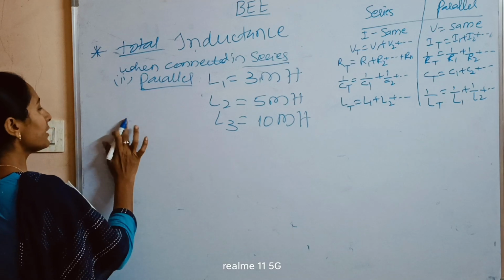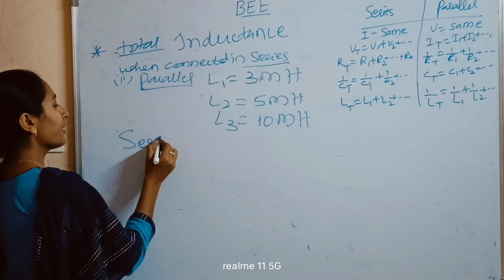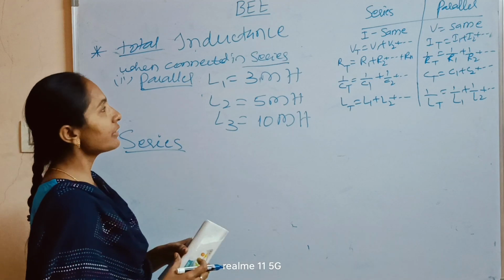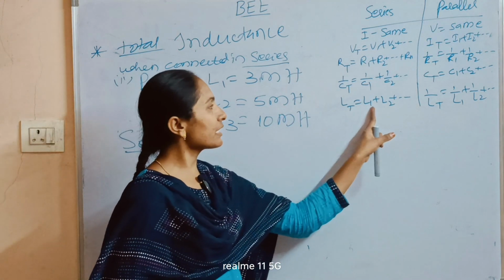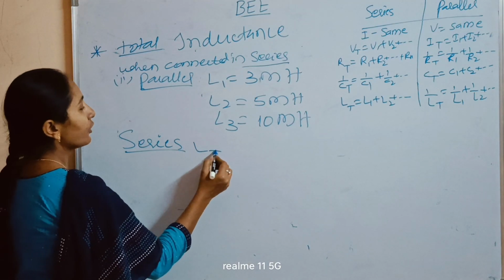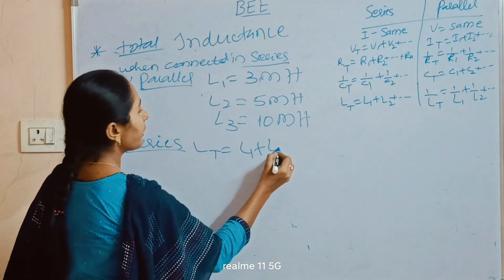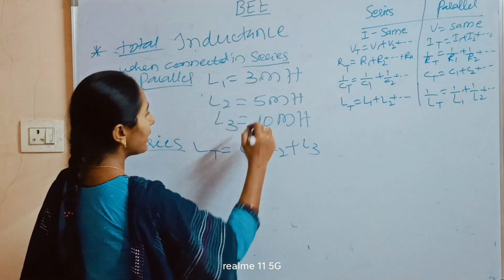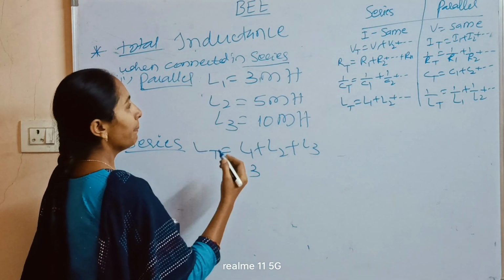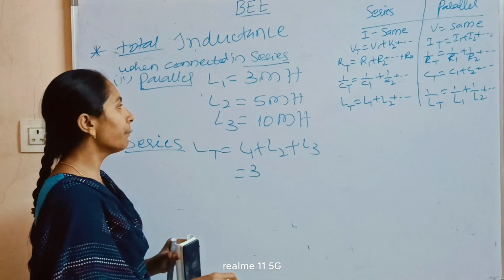Now consider series connection. What is the formula for total inductance in series? L1 plus L2 plus so on up to Ln. So L total is equal to L1 plus L2 plus L3. Milli means 10 power minus 3.